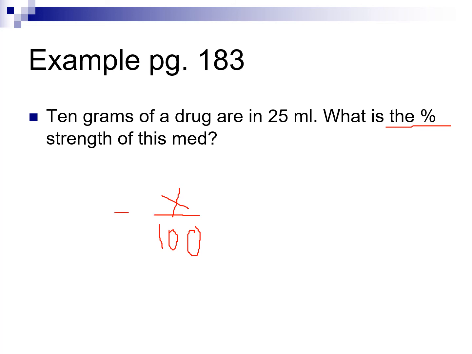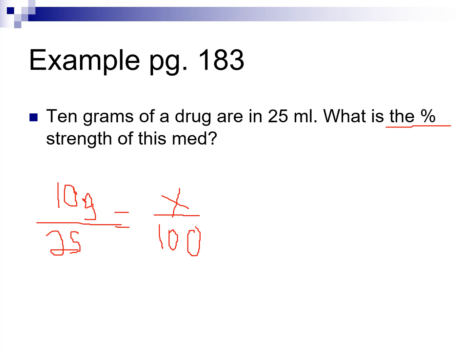I've got 10 grams, it's telling me this is what I have. So I have 10 grams over 25 mils. That's how I figured this one out.